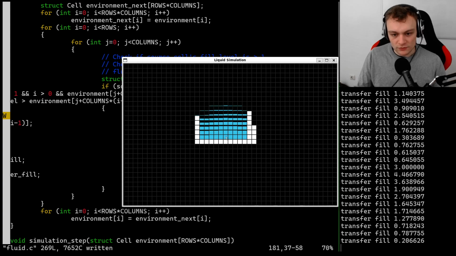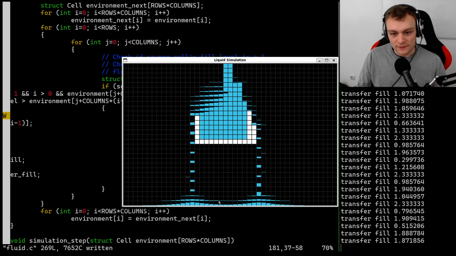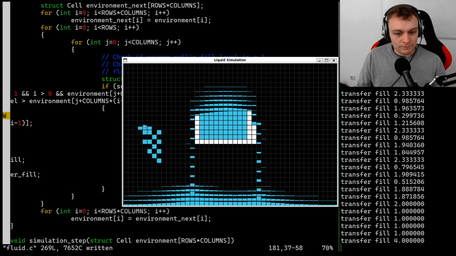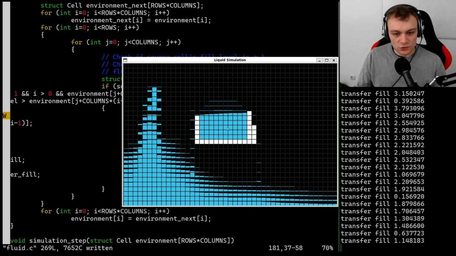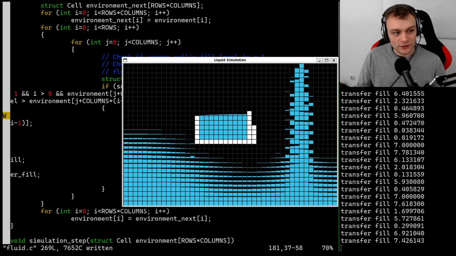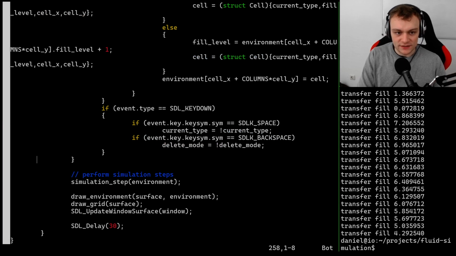Yeah, it does work. Because if I press here now, the pressure is building up, as you can see. And it's reducing down. Yeah, the problem is that maybe pressure is building up too quickly with the mouse button. So that's why we get this water fountain effect. So let's fix that.